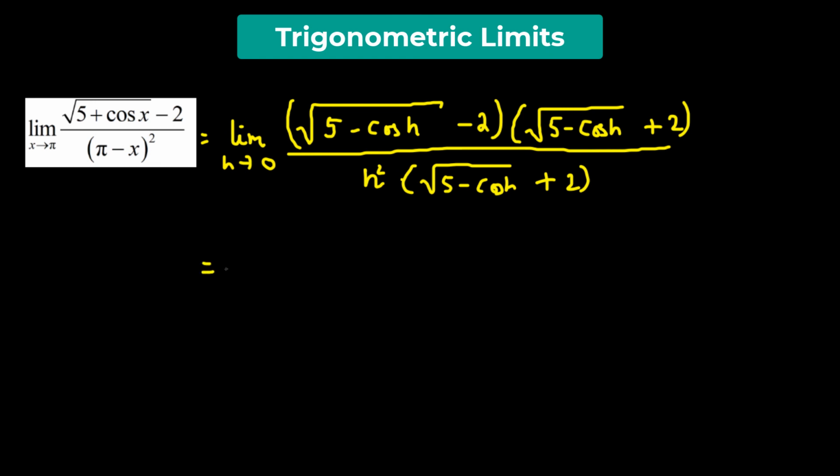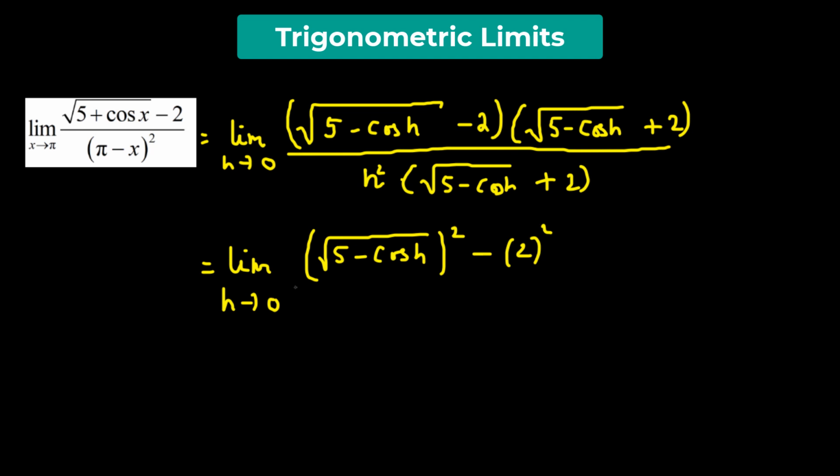So we have 5 minus cosine of h, the square root squared, minus 2 squared, divided by h squared times the square root of 5 minus cosine of h plus 2.